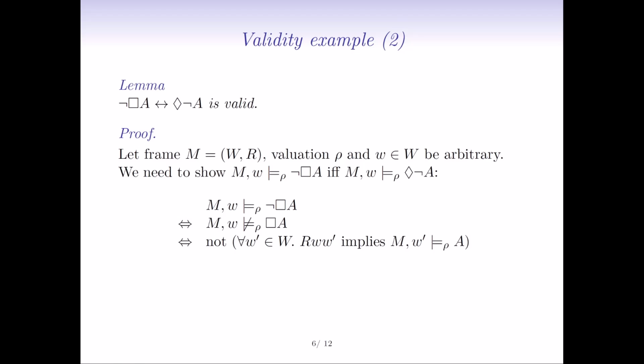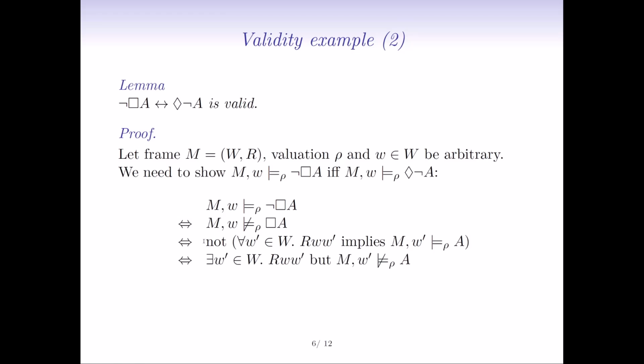Now here's the part where we do a little piece of reasoning, which is also similar to the reasoning that we've done in first order logic. If it's not the case that A is true at all accessible worlds, that exactly means that there is some accessible world where it's not true.